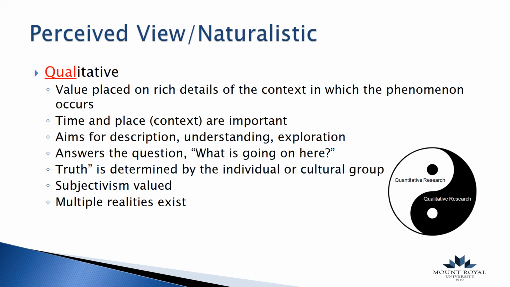So time and place or context are important. So when we move on in the course and start to look at generalizability of the findings, that's not always our aim in qualitative research because time and place is important. So if we did a study in India versus the USA versus Northern Canada, it could be quite different.